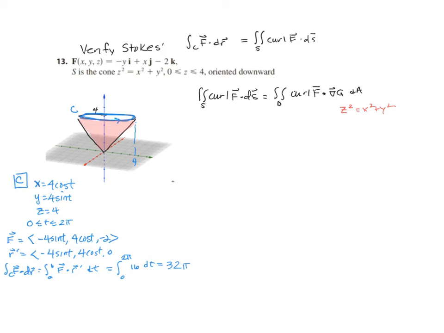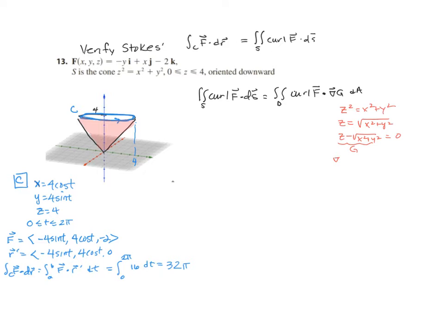We have to solve for z first. So solve for z first. Remember, we have to get a coefficient of 1 on our z. So z would be plus or minus, but we are just talking about the top of the cone. Then get everything on one side. Now this is your g.